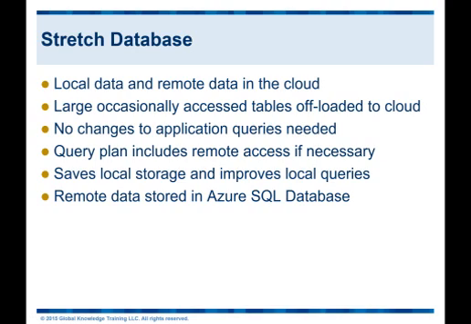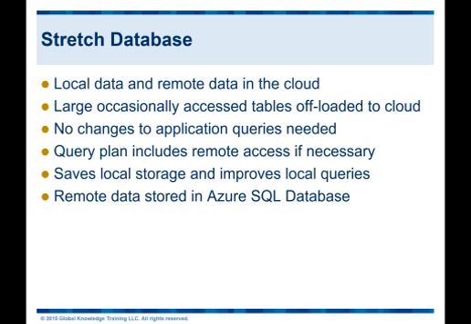So if you have a historical table, it's easy just to stretch it to the cloud, and it'll migrate through what they call trickle migration. It'll migrate with low impact and low network requirements. It'll trickle over time to the remote data store in the cloud. But over time, eventually the whole table will go to the remote database in the cloud.